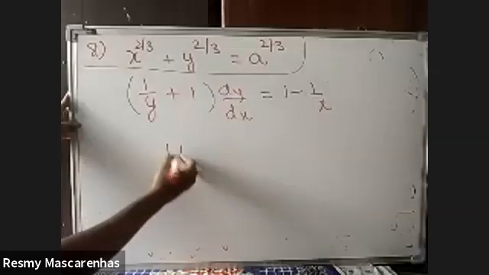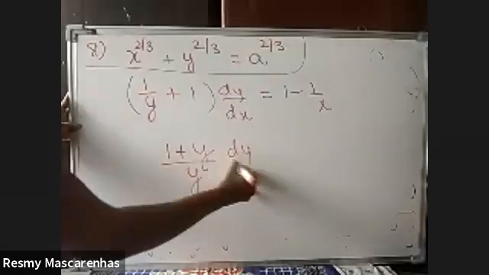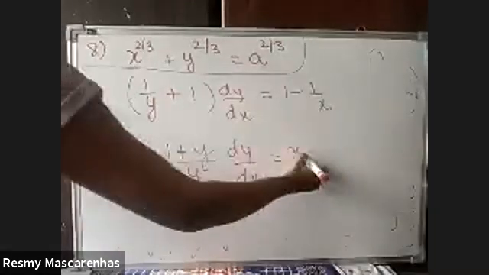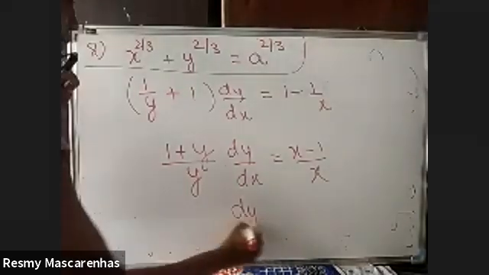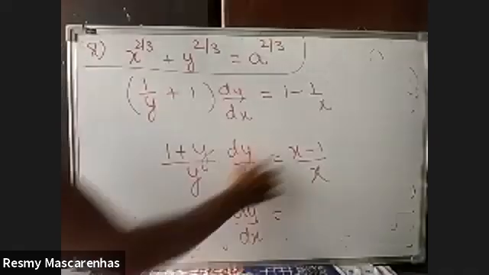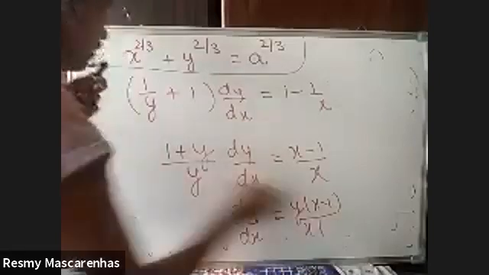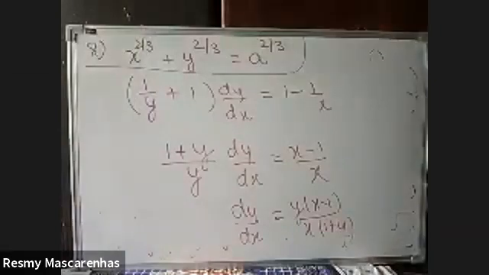So when you cross multiply, it will become 1 upon y, 1 plus y upon y, dy by dx, which is equal to, again this also cross multiply, x minus 1 upon x. Then dy by dx, y will go to the numerator. And here numerator will come to the denominator, and what has been asked, you will get the answer.